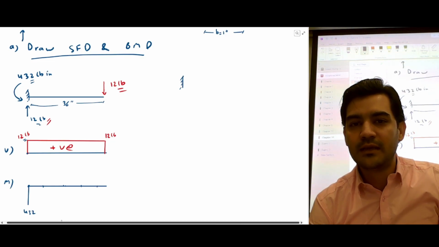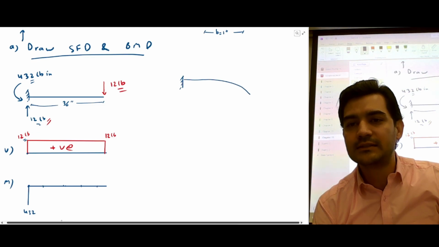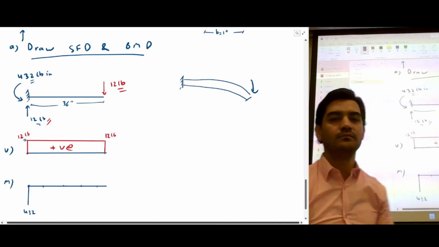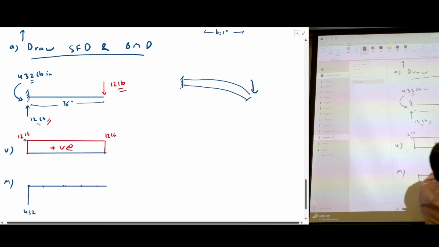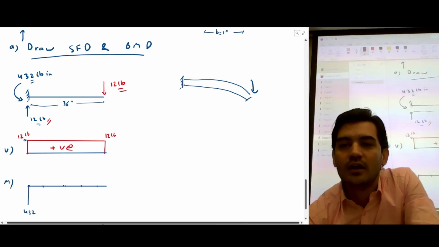If the beam is going to bend like this, which is how the bending will happen in our case because of the load. If you imagine this beam and the load is pushing down, this is how the bending looks.